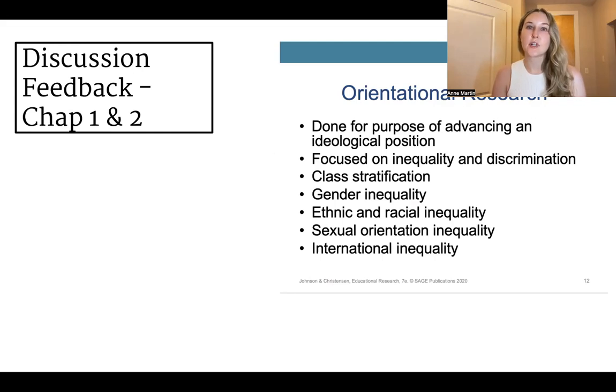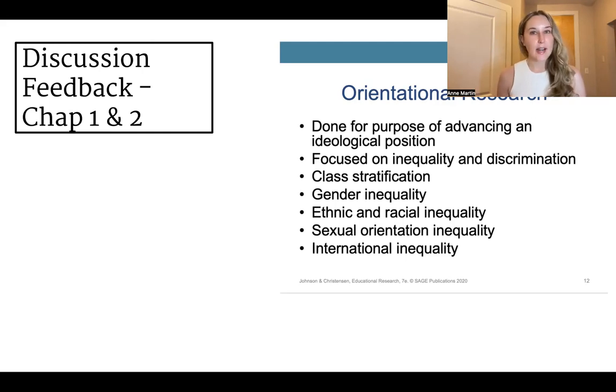And so the ideological position that this research is advancing relates to the assumption that power in our society is unequally distributed. So when researchers carry out critical research, they make clear what their assumptions are.